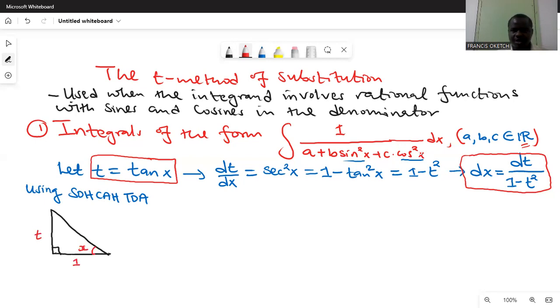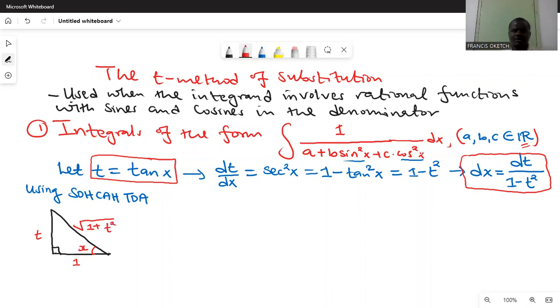Remember, hypotenuse squared is equal to base squared plus height squared. So when you want to find the hypotenuse, you take the square root on both sides. So this will give us the square root of 1 squared, which is 1, plus t squared. And so that is our hypotenuse.